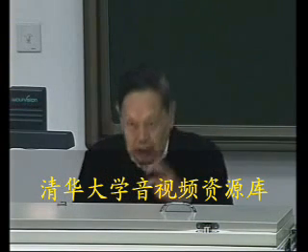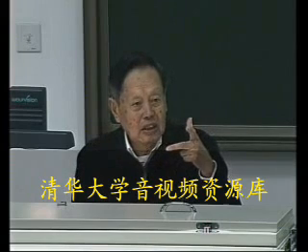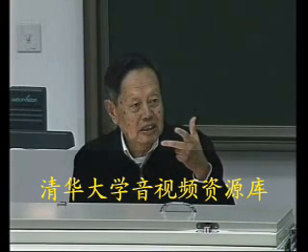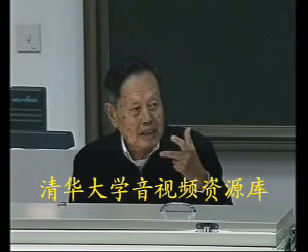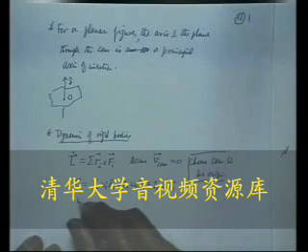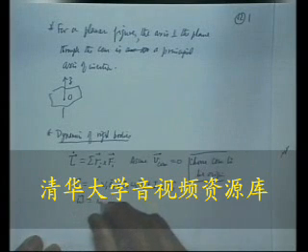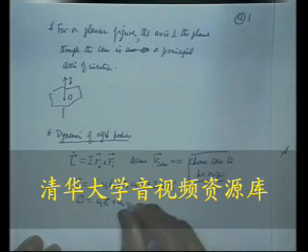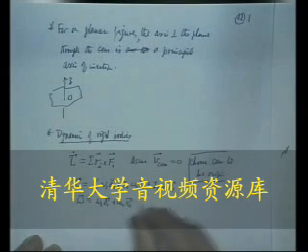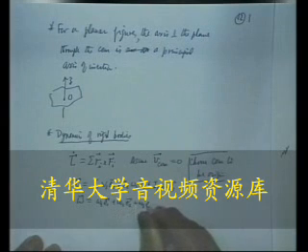E1, E2, E3 are the three unit vectors along the principal axis of inertia, and the angular velocity omega has the components. So omega is equal to omega 1 E1 plus omega 2 E2 plus omega 3 E3.